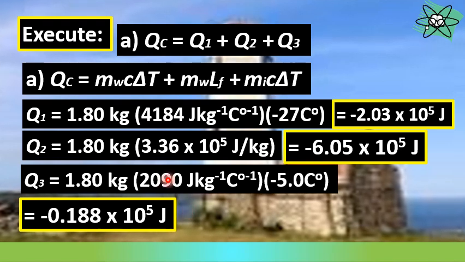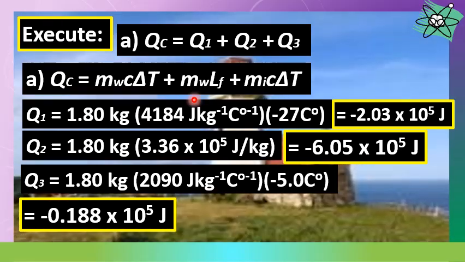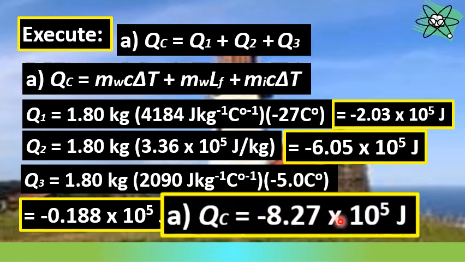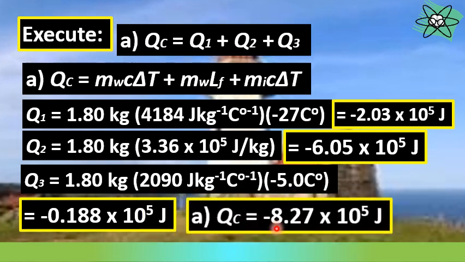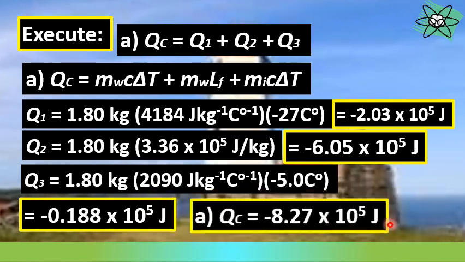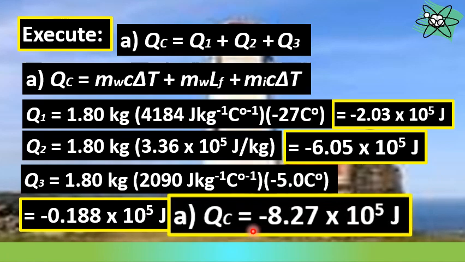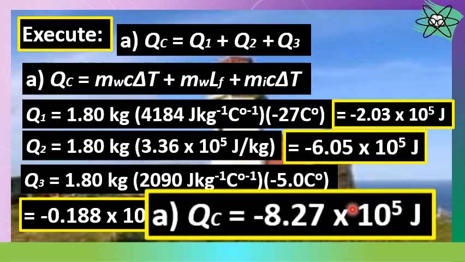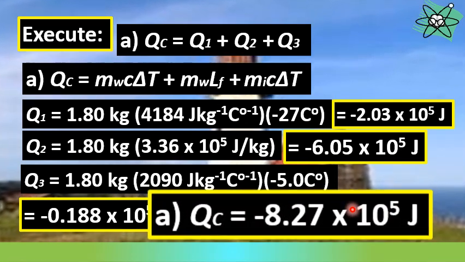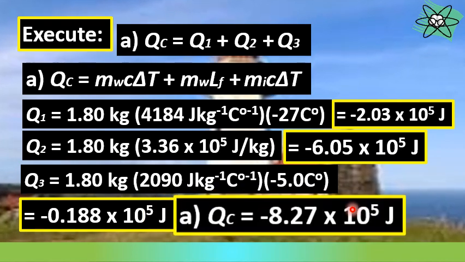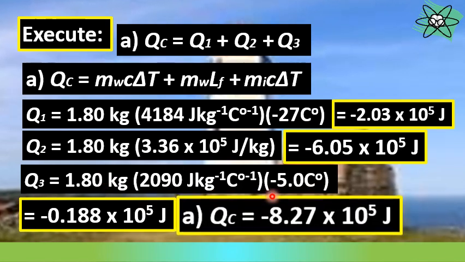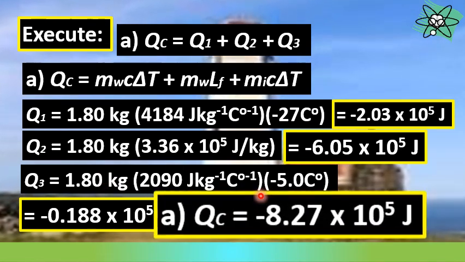So, when all of these Q1, Q2, and Q3 are added, we will get the value of capital Q sub C equal to negative 8.27 times 10 to the 5th power joules. This is the amount of heat given off by the substance water when the freezer converts it into ice at negative 5.0 degrees Celsius.